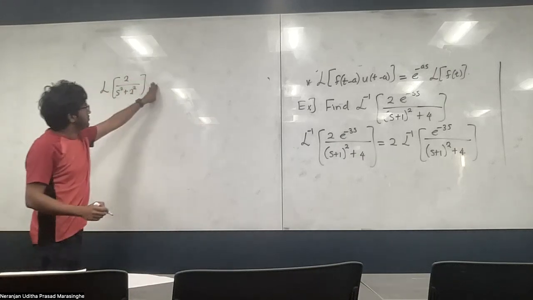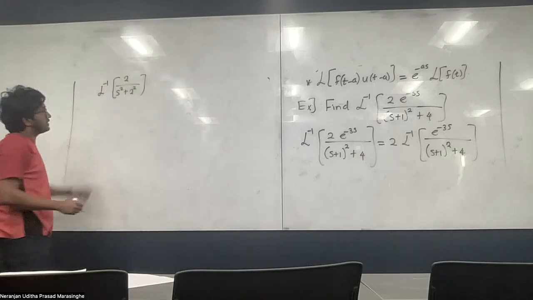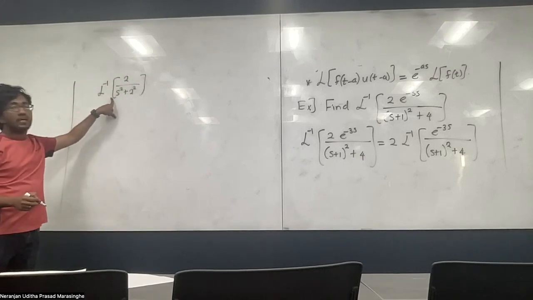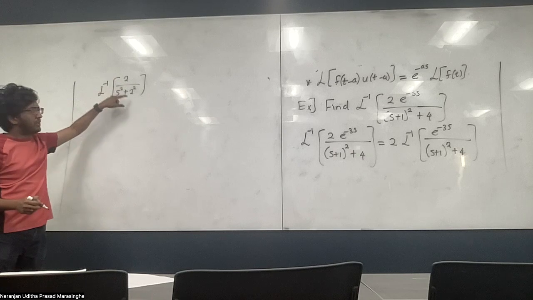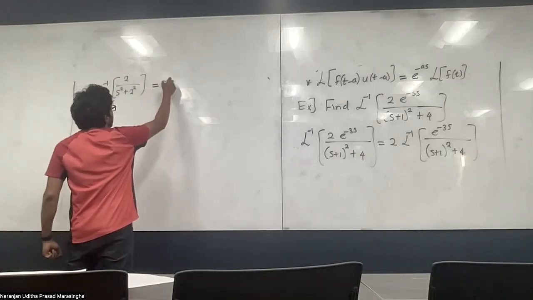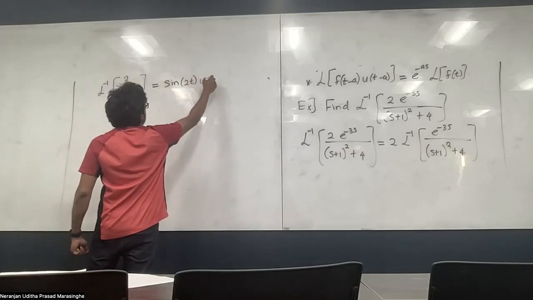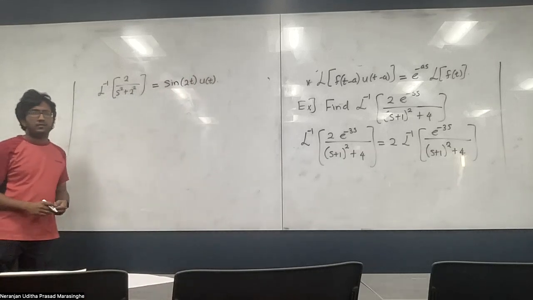It'll be sine 2t. Because instead of omega we have 2, this is omega divided by s square plus omega square, right? So this is sine 2t. Is that clear? Right.